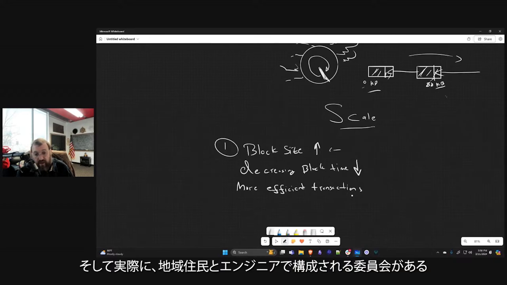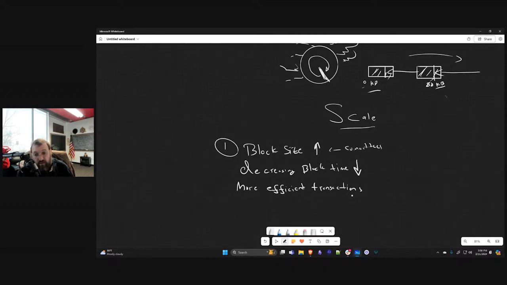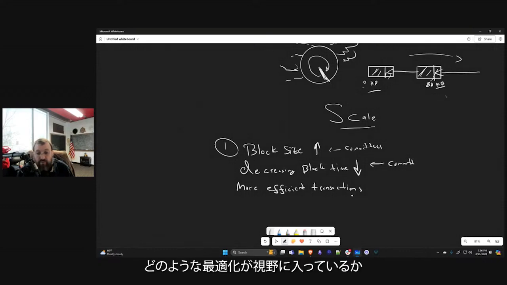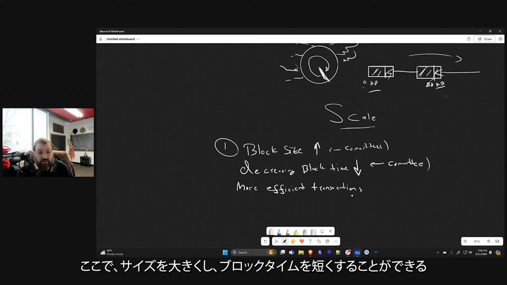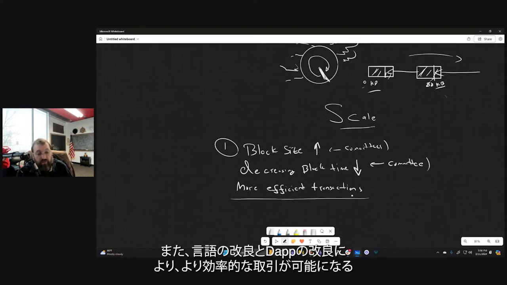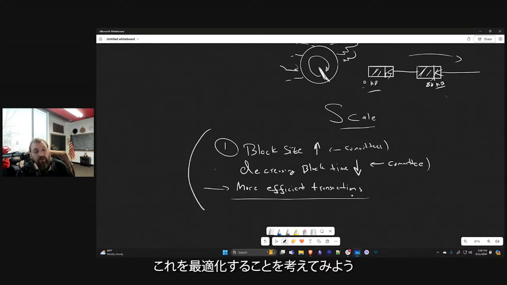And there's actually a committee made up of community members and engineers that's looking at both of these things. What optimizations are on the horizon where one can increase the size, decrease the block time, and also language improvements and DApp improvements give you more efficient transactions. So you kind of put this under optimizing.